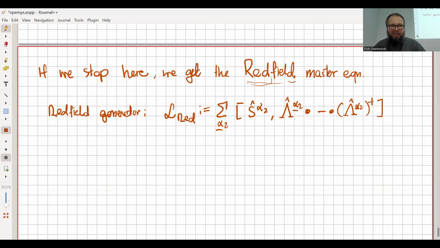Now, to get a master equation, we have to take a look at the dynamical equation for the density matrix. So let's write down the density matrix using the Born and Markov approximations.